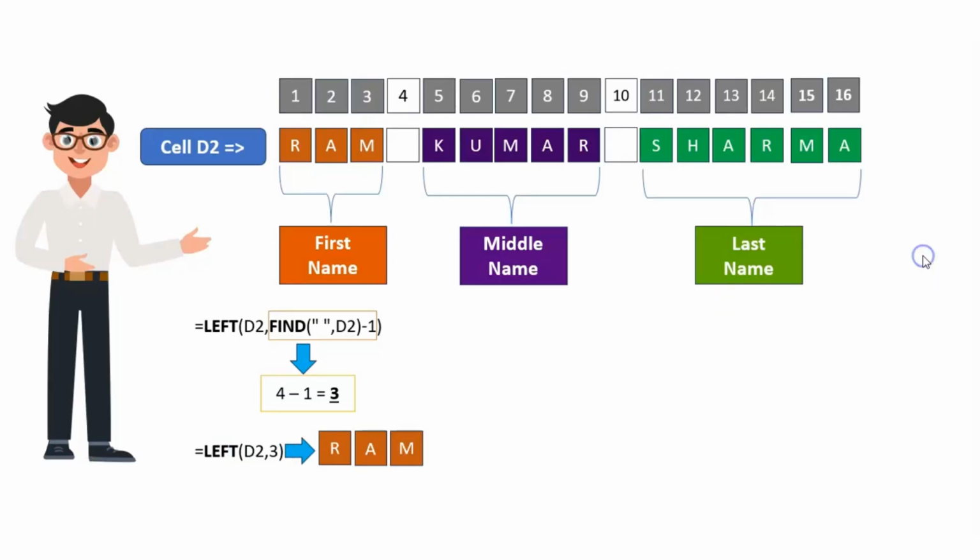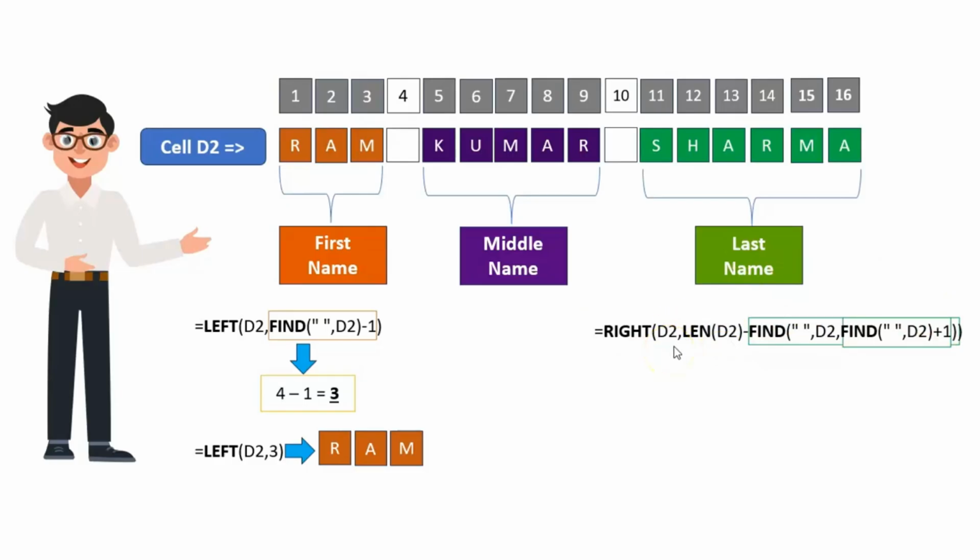Let us now move to the extraction of last name. The below mentioned formula is the formula that we use in our Excel sheet, and the output coming from this formula matches with the expected value. Right function requires 2 arguments.